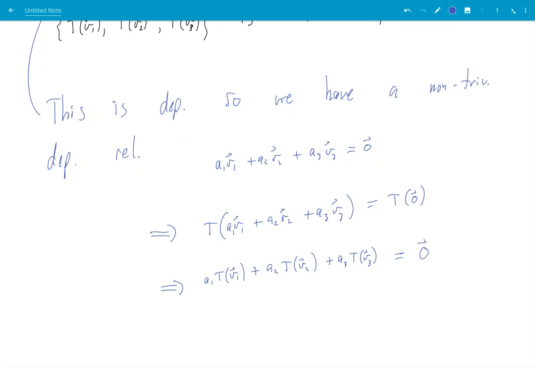We saw earlier that T of the zero vector is always a zero vector. I established that earlier.